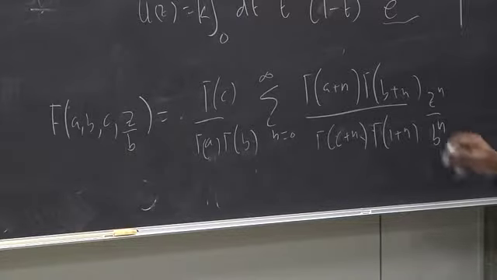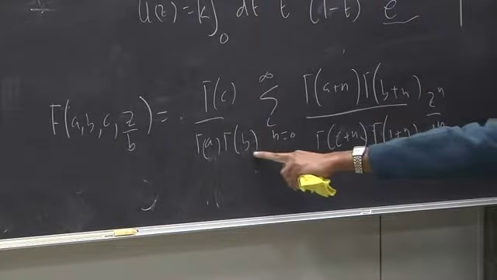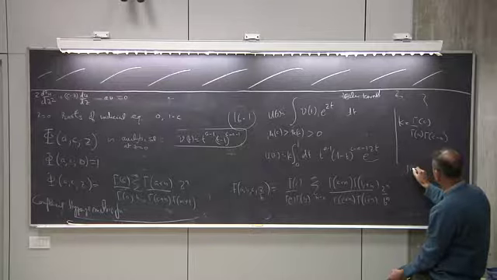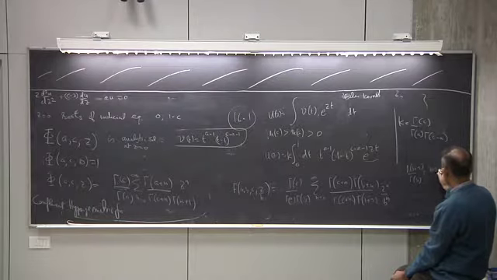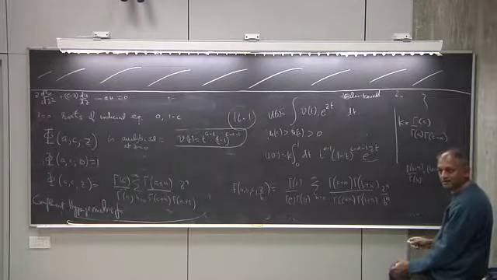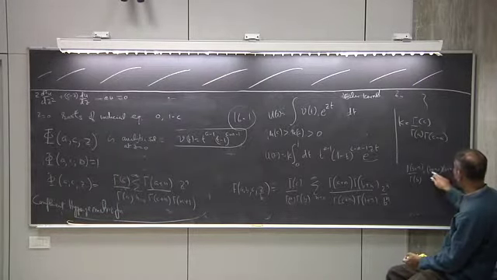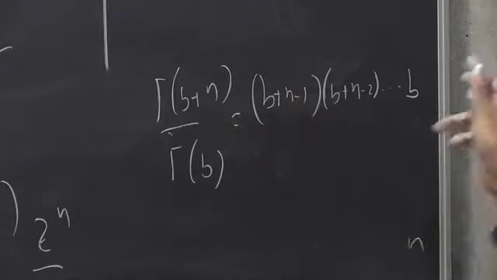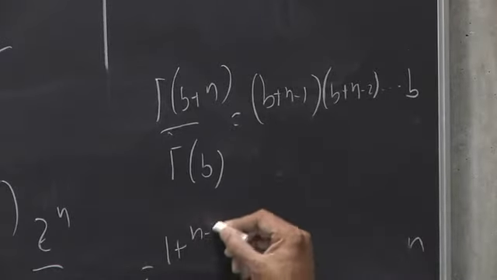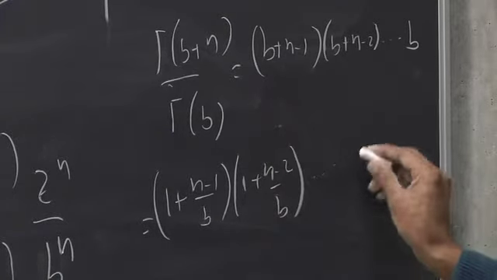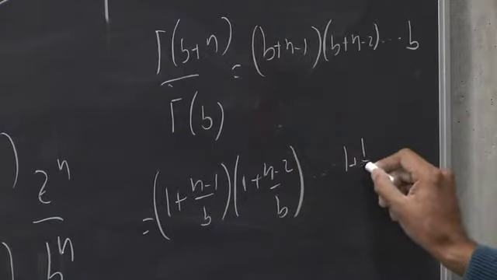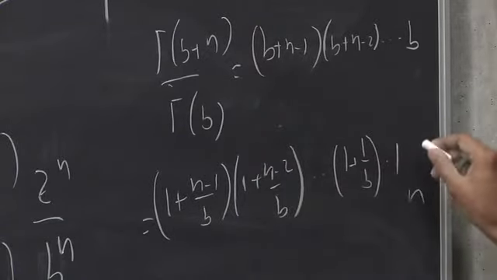So if we look at this, gamma(b plus n) divided by gamma(b) is nothing else but b plus n minus 1, b plus n minus 2, all the way up to b. How many terms are there? There are n terms here. So I can take b to the n outside, and this becomes 1 plus (n minus 1) divided by b, 1 plus (n minus 2) divided by b, all the way up to 1 plus 1 over b, times 1, times b to the n.